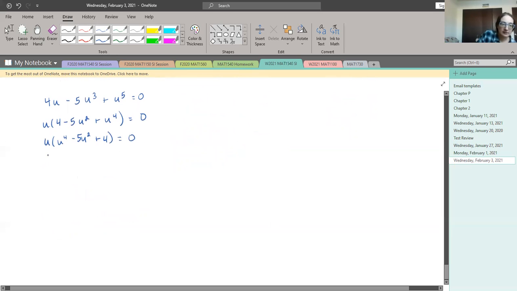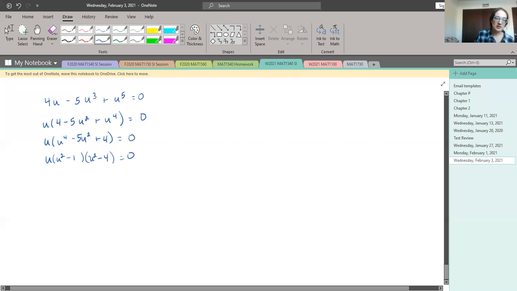We can factor this as u times two parentheses: (u squared minus 1) times (u squared minus 4). When we FOIL this, we get u to the 4th, then a negative 4 and a negative 1 u squared, which add to negative 5. And the last term, negative 1 times negative 4, is positive 4. So that's how we factor this.